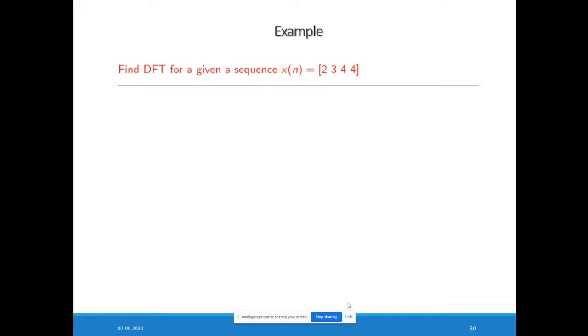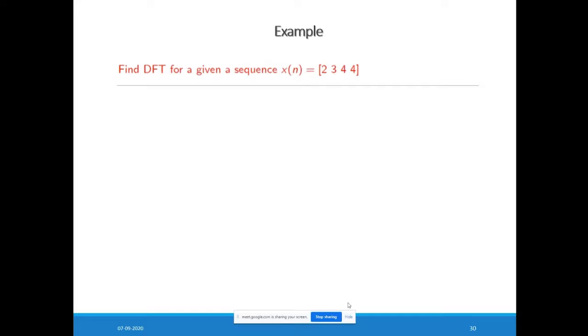Here you add one comment in this example, that is find DFT for a given sequence x of n is equal to 2, 3, 4, 4 using matrix formulation, or using Twiddle factor method. Because sometimes in the title only this statement is given.